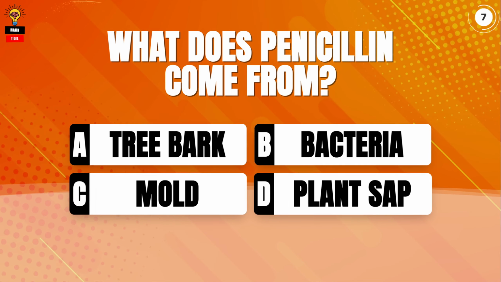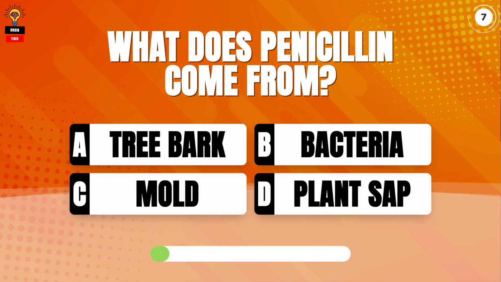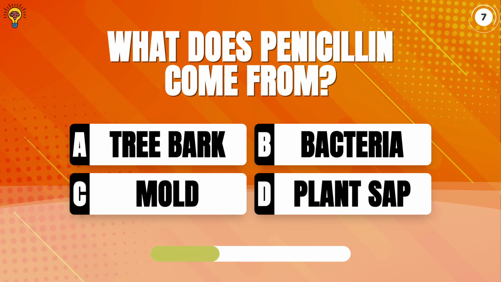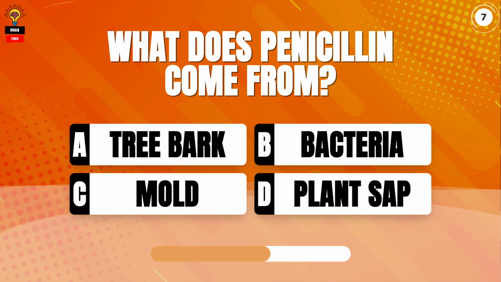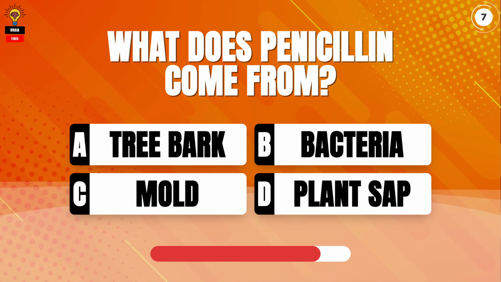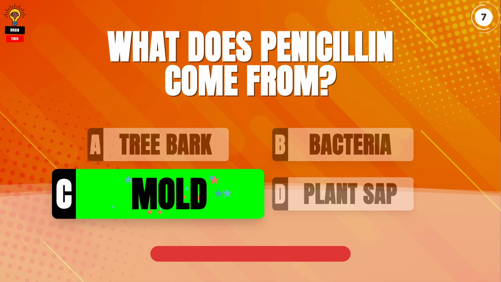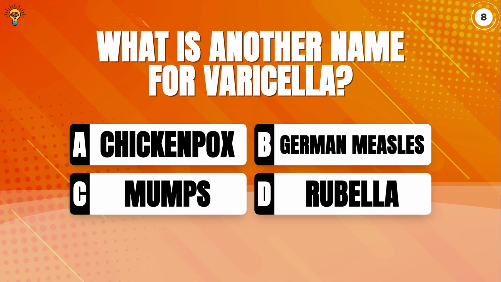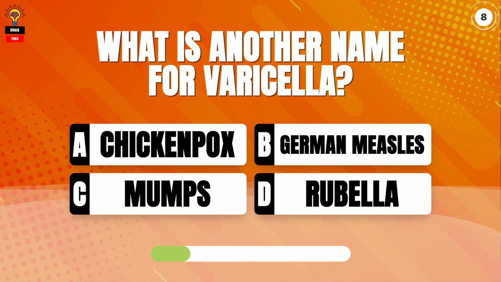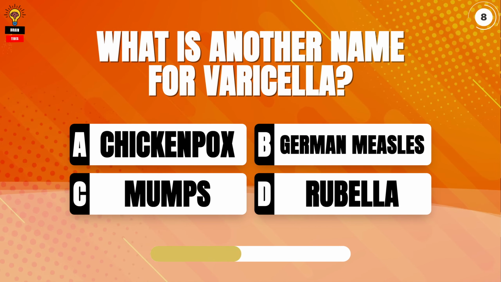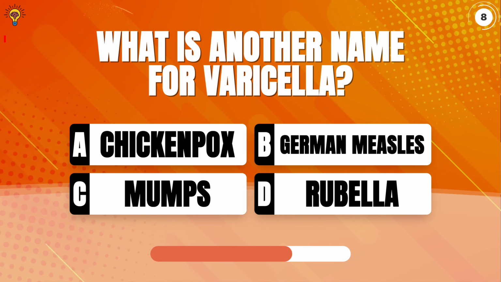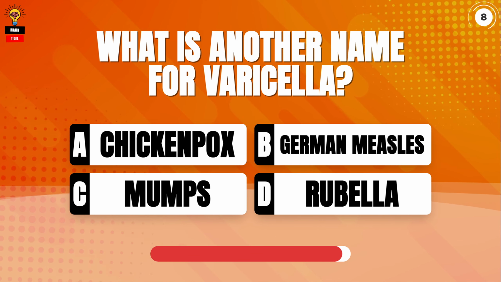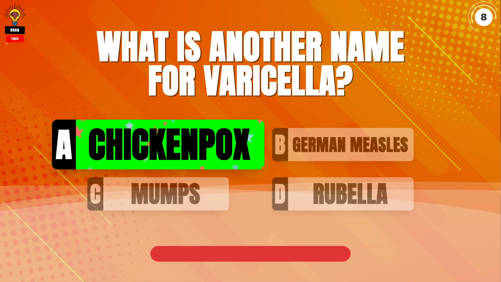What does penicillin come from? Mold. What is another name for varicella? Chickenpox.